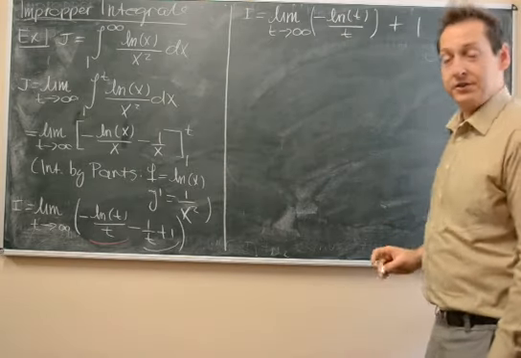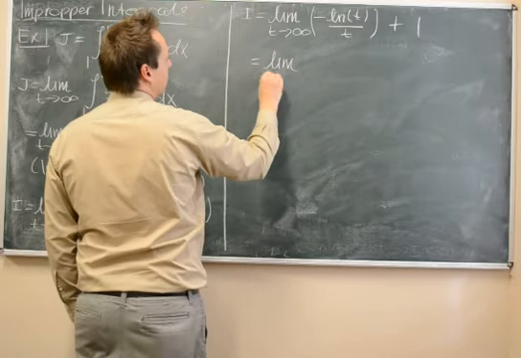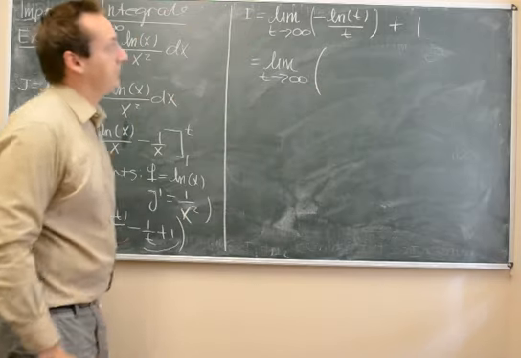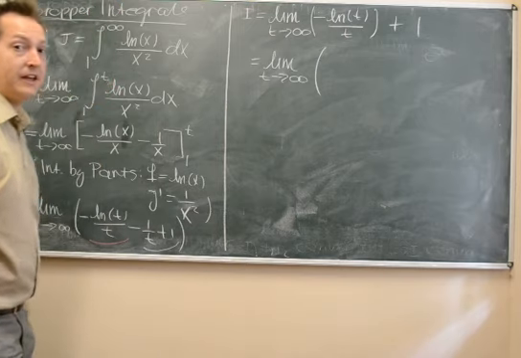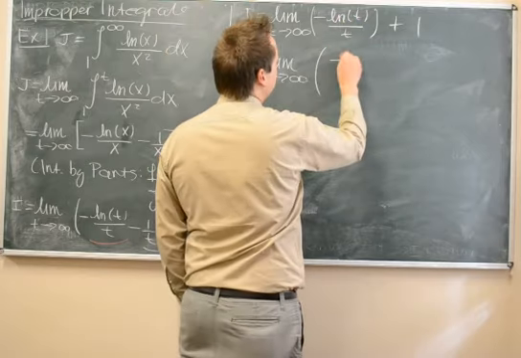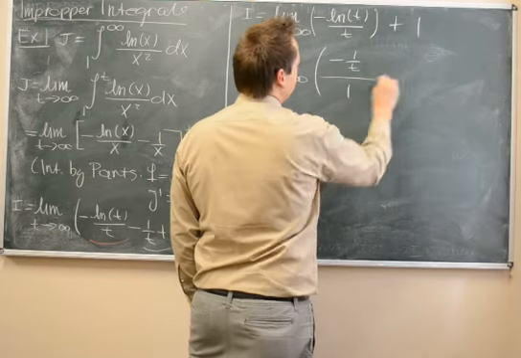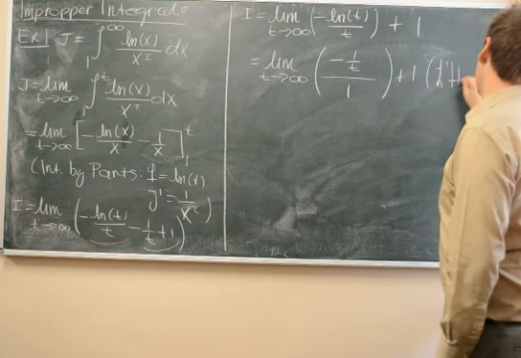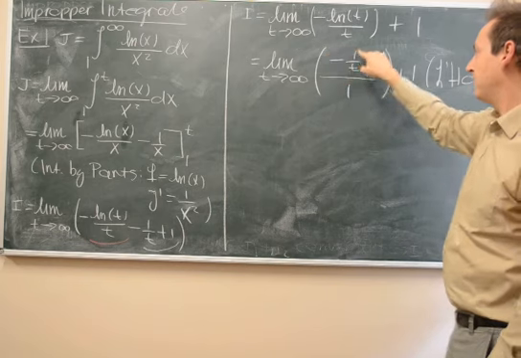Now using L'Hopital's rule, it means we differentiate the top and we differentiate the bottom. So we differentiate the numerator and the divisor, and we take the limit again. Differentiating minus ln t gives you minus 1 over t, and differentiating t gives you 1. So we basically have 1 over t.